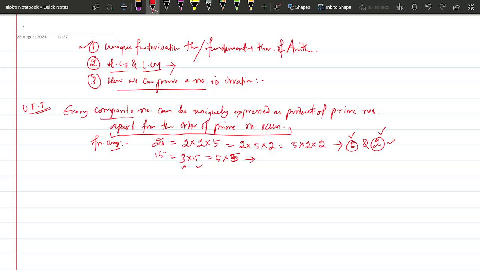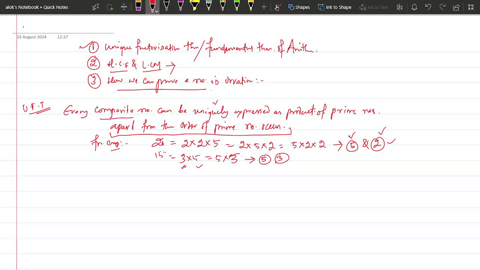Every composite number can be uniquely expressed as a product of primes. Here 15 can only be expressed as a product of 5 and 3. We cannot express 15 using any other prime number except 5 and 3. So this is all about the unique factorization theorem.